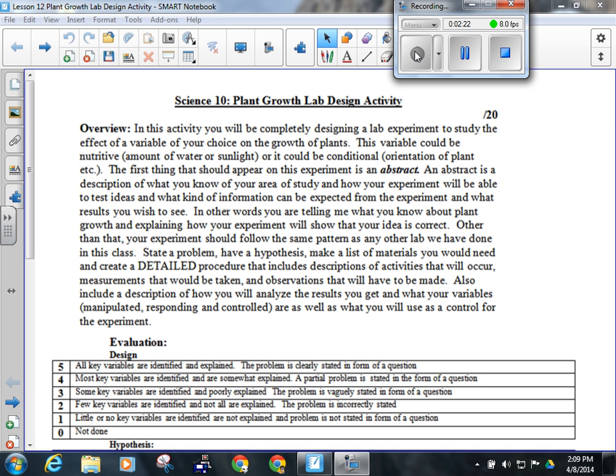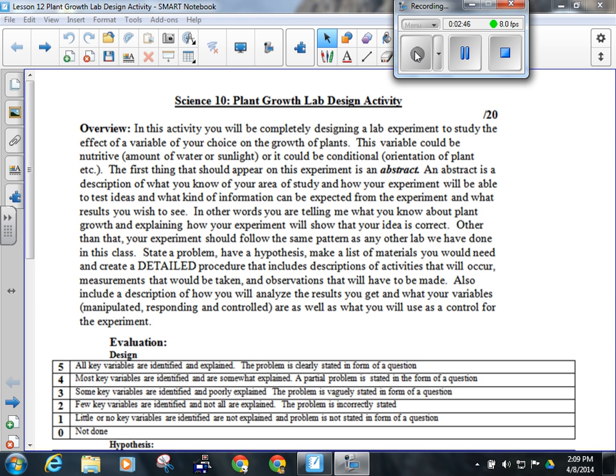Okay, so the good news about this is this should not require you to do any homework if you're here in class today. Realistically, you have an extra 15 minutes of class today because of the band thing. Here's what you're going to be expected to do. You are going to design a lab.